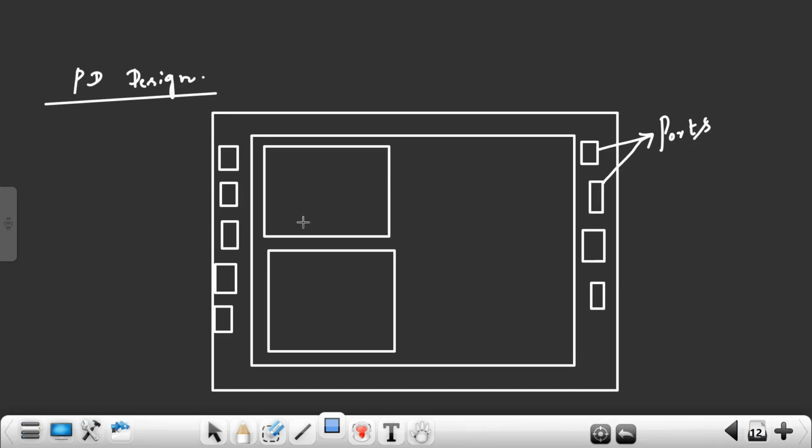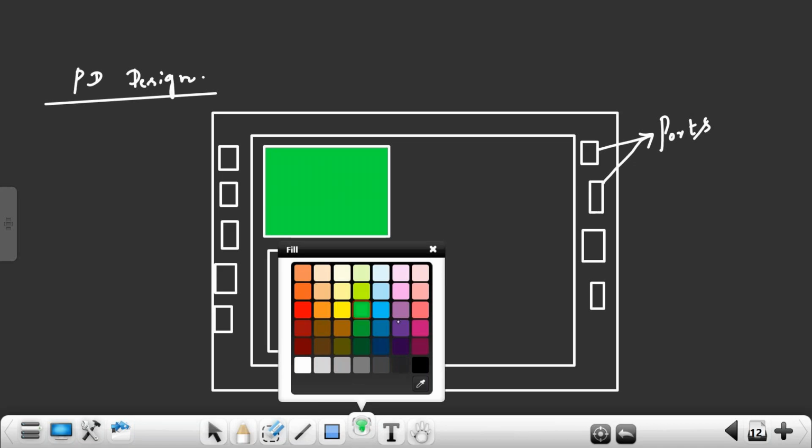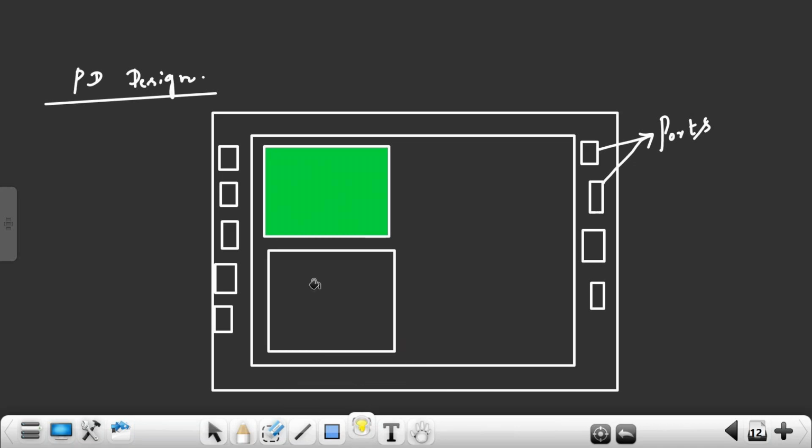Similarly, you can buy such blocks readily available in the market and mix them directly with your design. These are called macros or IPs.